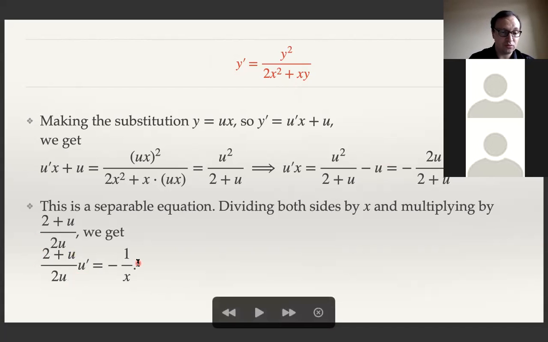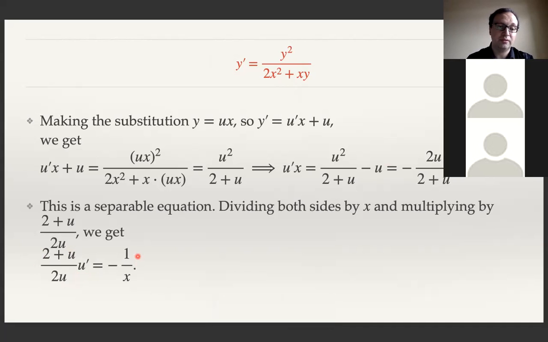So we don't need to write the 1, because the product by 1 is the same. So 2 plus u over 2u times u prime is equal to minus 1 over x. Sorry for skipping a number of steps, but I'm sure you can reconstruct them by yourselves.